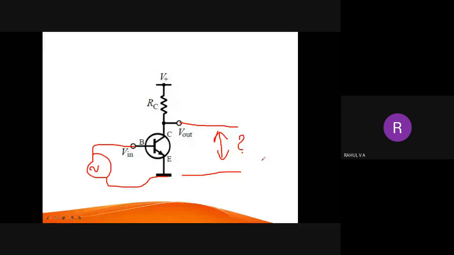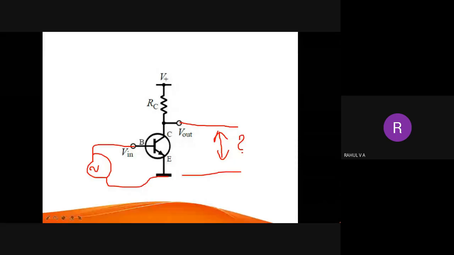A large amount of current flows through the Zener diode, so the output across the Zener diode will be constant, equal to the Zener voltage or breakdown voltage.